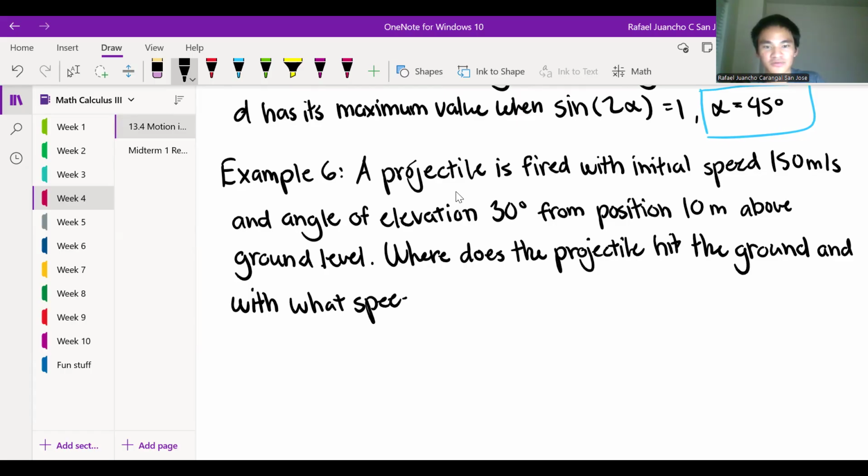So once it hits the ground, what's the speed? Right? So let's say the origin is at the ground level. Then the initial position of the projectile is at 0, 10, right?